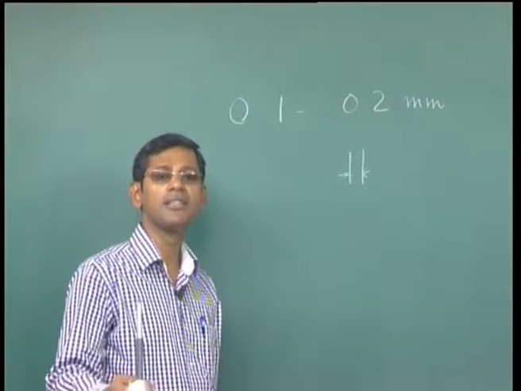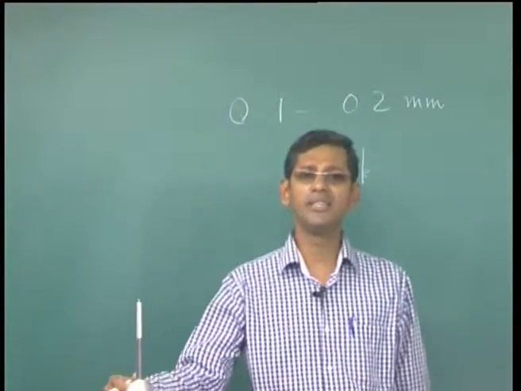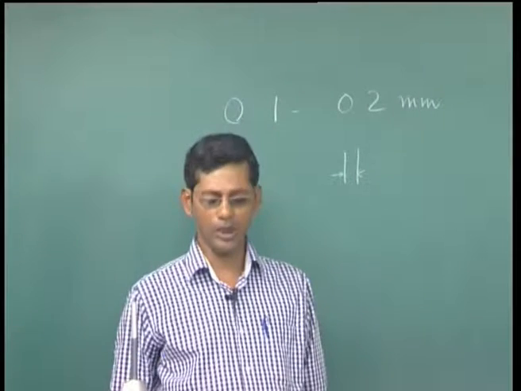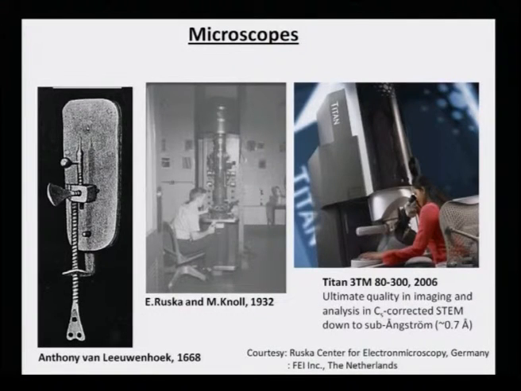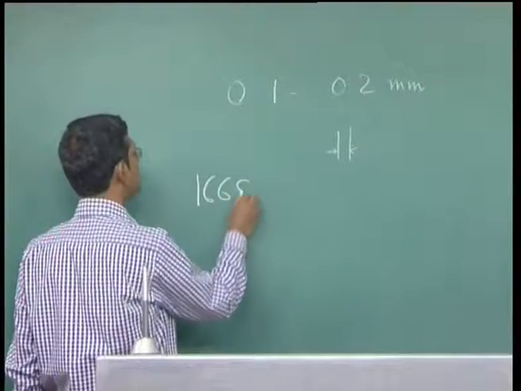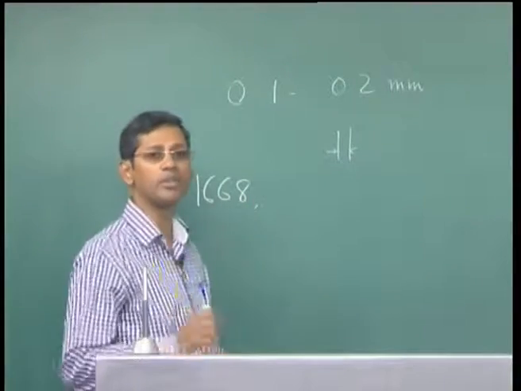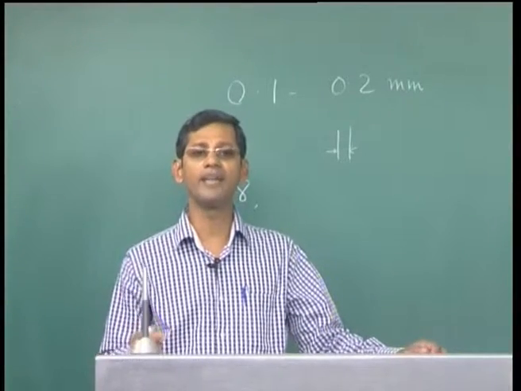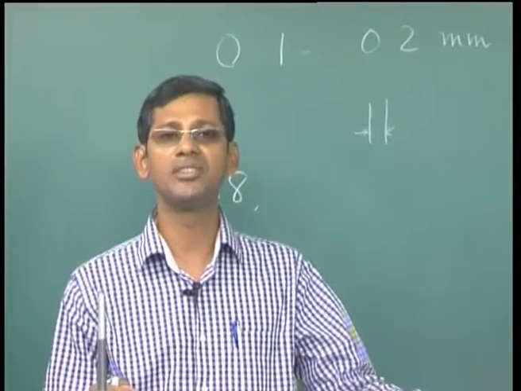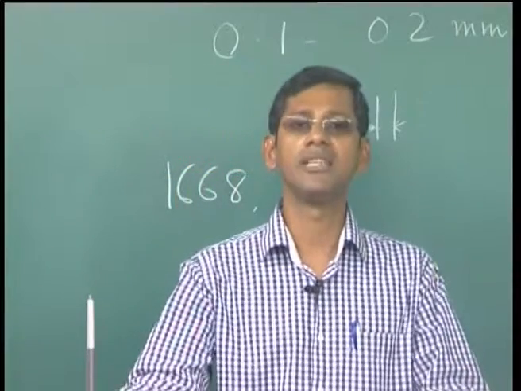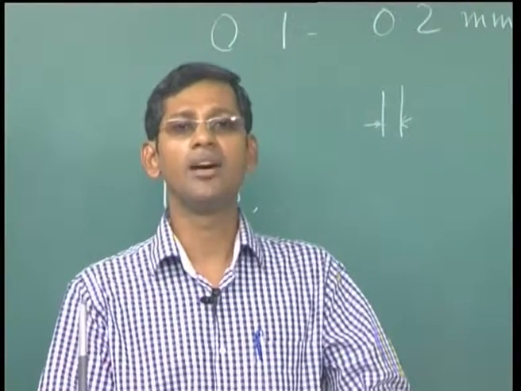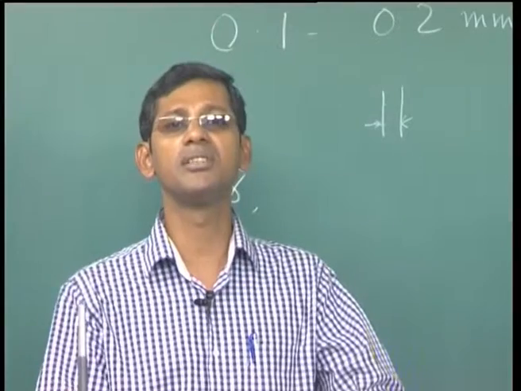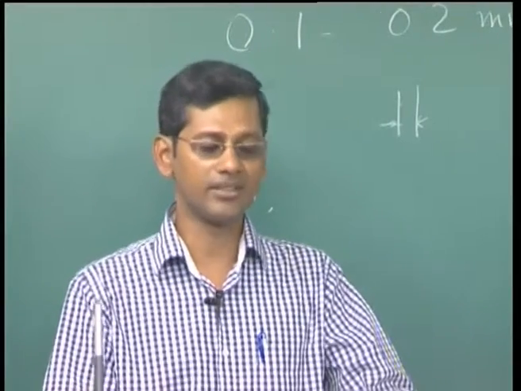In fact, in the 17th century, in the year 1668, Leeuwenhoek discovered the optical microscope, in which normal light was used to image many important algae and even small features present on small insects.